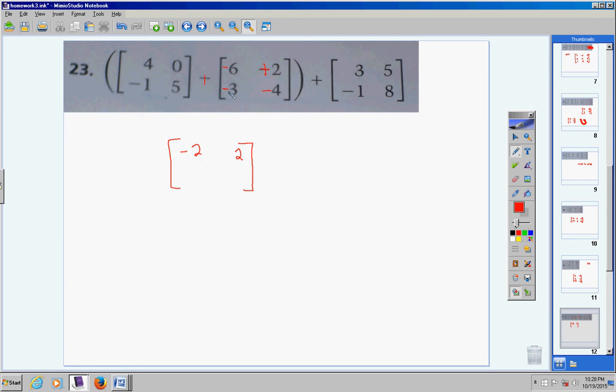Negative 1 plus negative 3. 5 plus negative 4. There we go. So I combined these two matrices down into this. I did those first because they were in parentheses like this. Now bring down your positive sign, and now bring down your next matrix.